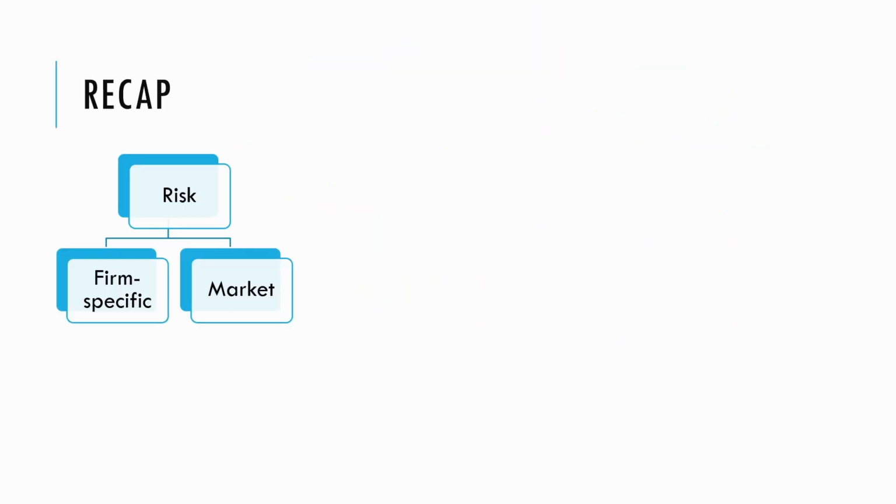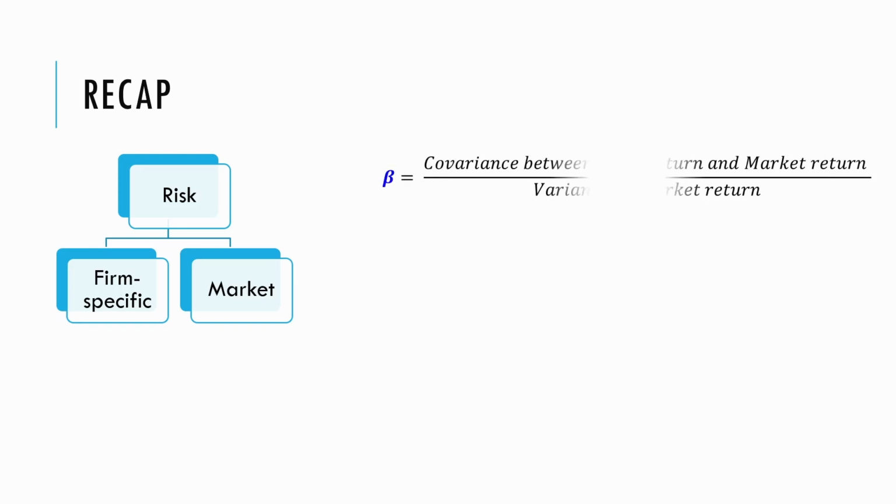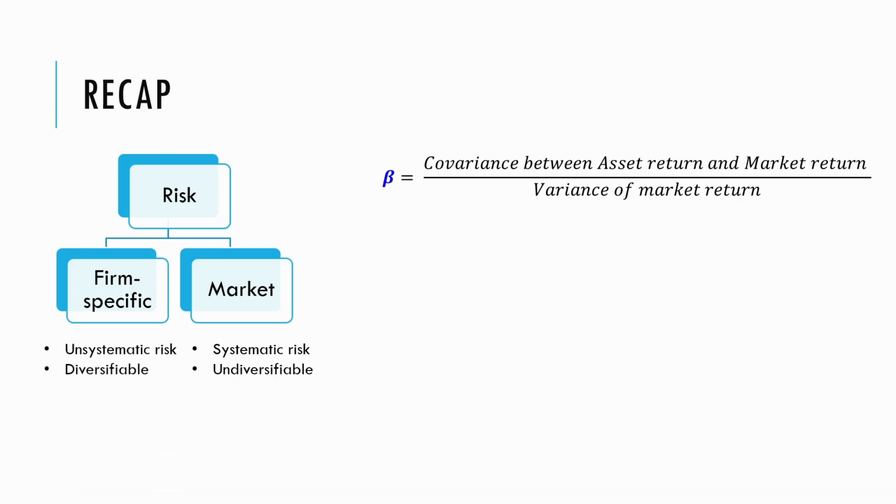Okay, so in the last video, we discussed risk, and we talked quite a bit about firm specific risk and market risk. We have seen that market risk is known as systematic risk and it is undiversifiable, whereas firm specific risk is unsystematic risk and it is diversifiable.